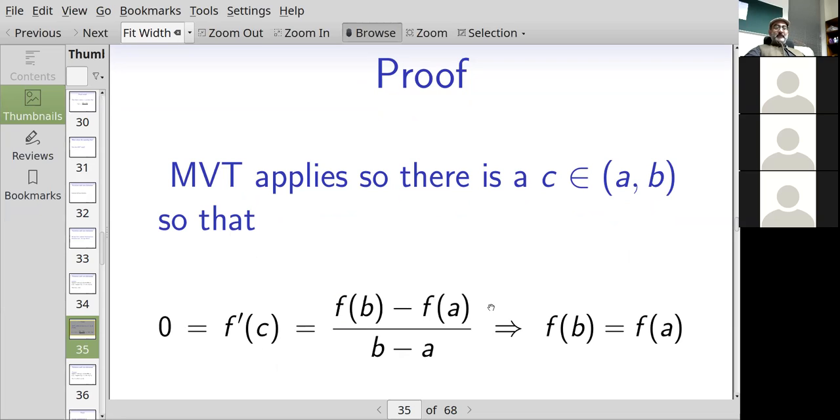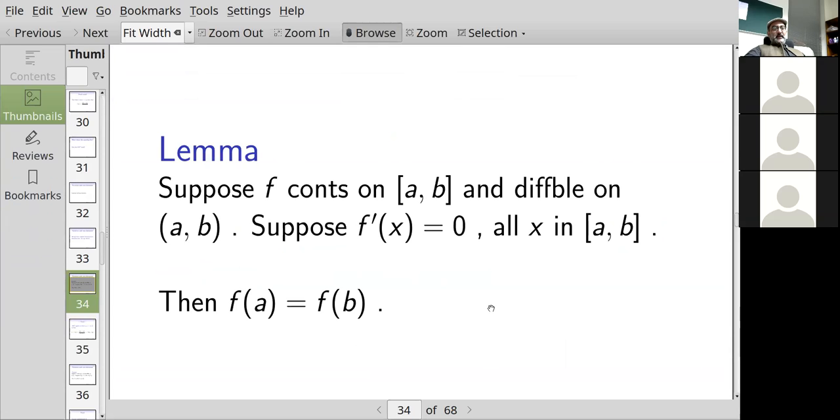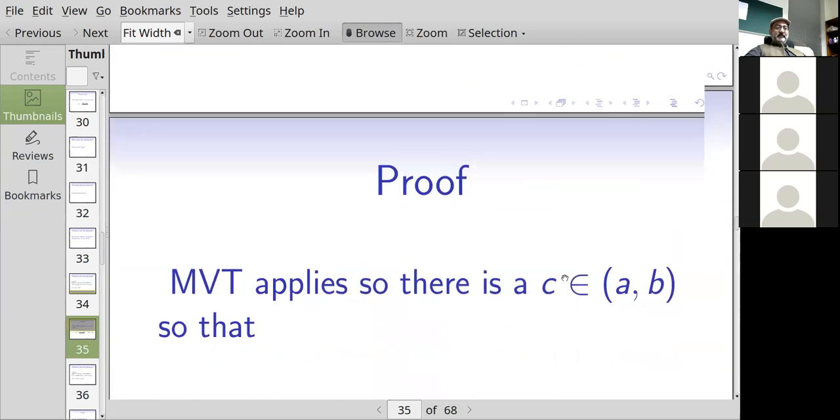Okay? Sir, I couldn't understand the previous thing you told from prior to this. If I have, let's say, a function and it satisfies the requirements for Rolle's theorem, and everywhere on the interval its derivative is equal to 0, then I would like to show that f(a) is equal to f(b).